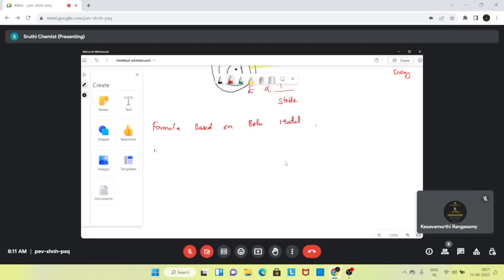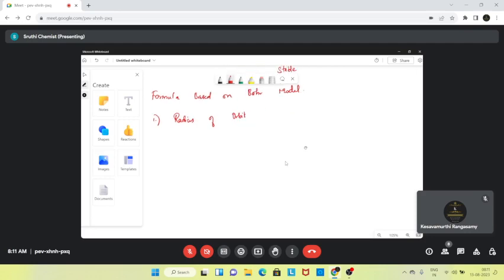First, we are going to see the radius of orbit. To find the radius of orbit, all these are applicable only for single electron species. Bohr's model is totally applicable for single electron species.